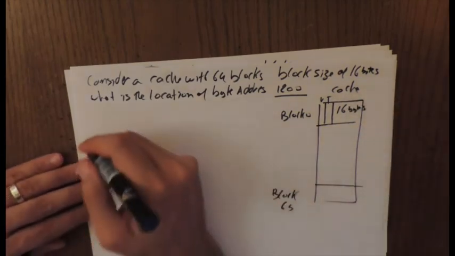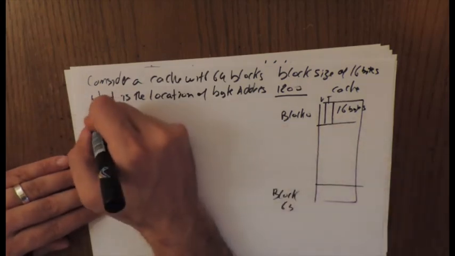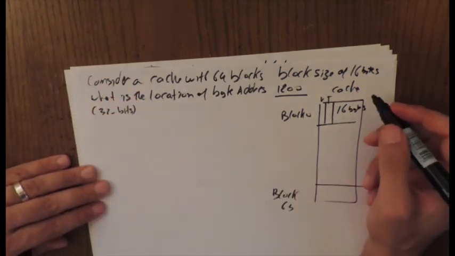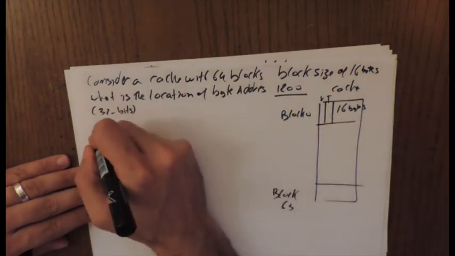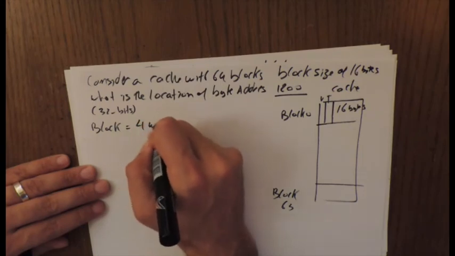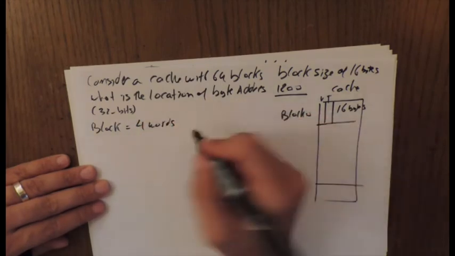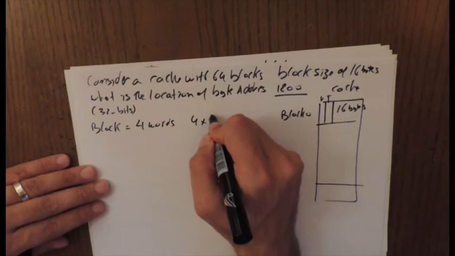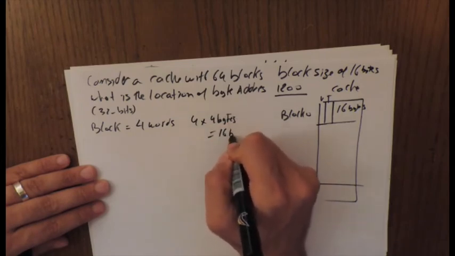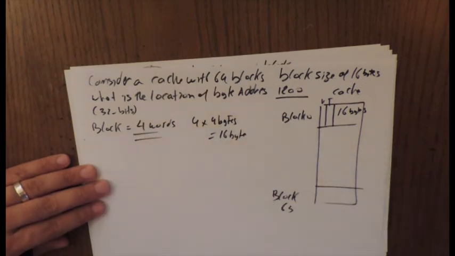If we assume 32 bits, 16 bytes means 4 times 4. This means the block contains 4 words. Why? Because 4 words, that is 4 times 4 bytes, equals 16 bytes. So this is why I know it's 4 words.